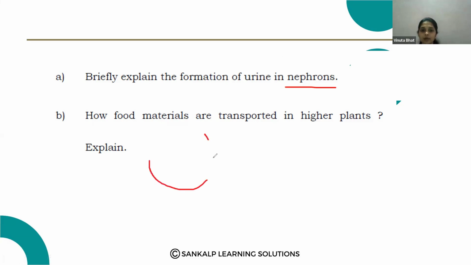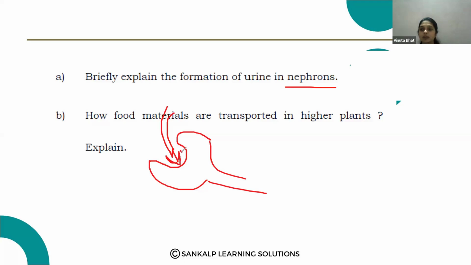The nephrons have a specialized structure called Bowman's capsule. So the blood vessels carry the blood to the Bowman's capsule, and here the purification of blood takes place.